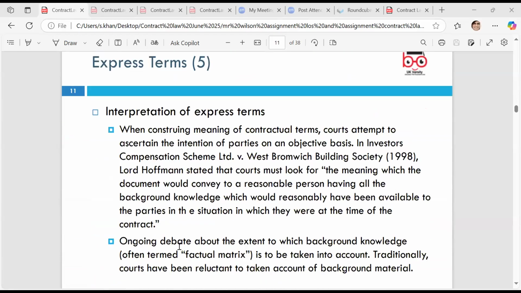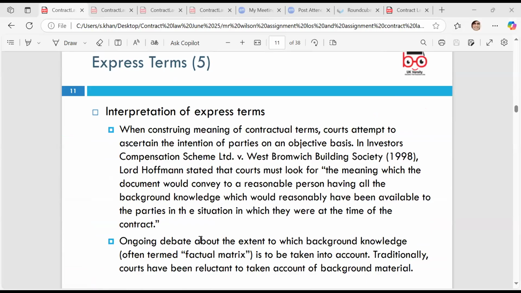In regards to interpretation of express terms, when construing the meaning of contractual terms, courts attempt to ascertain the intention of the parties. So the whole point is trying to ascertain why the parties have put in an express term. Why was there a need to put in an express term? The courts will look at that in more detail when looking at cases.